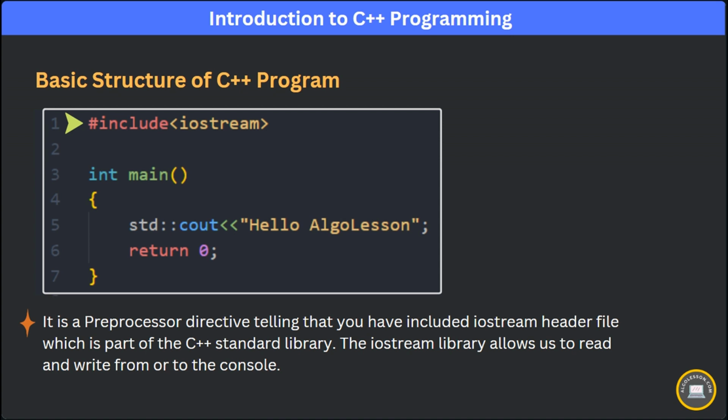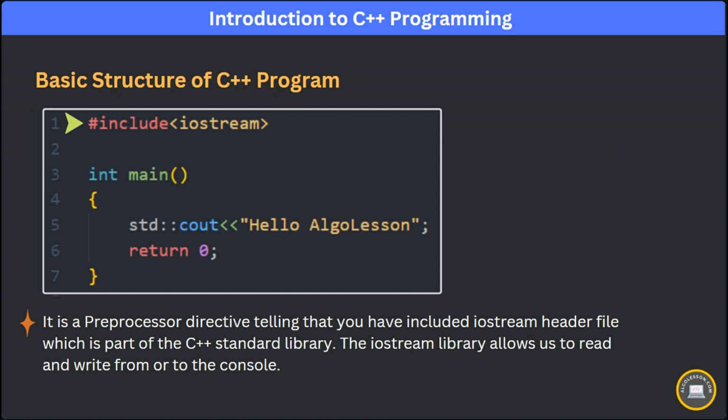It is a preprocessor directive telling that you have included a header file named iostream, and this header file is part of the standard C++ library. This basically means that the iostream header file is a feature present inside the standard library provided by the C++ programming language for our use.